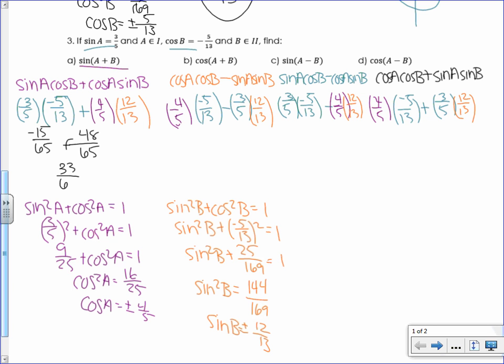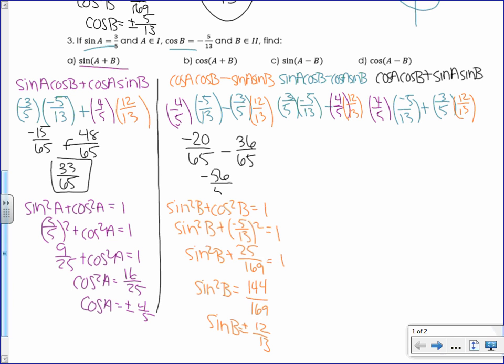So this answer is going to be 33 over 65. That's for part A. For part B, I'm going to get negative 20 over 65 minus 36 over 65, which is going to give me negative 56 over 65. So that's the answer for part B.